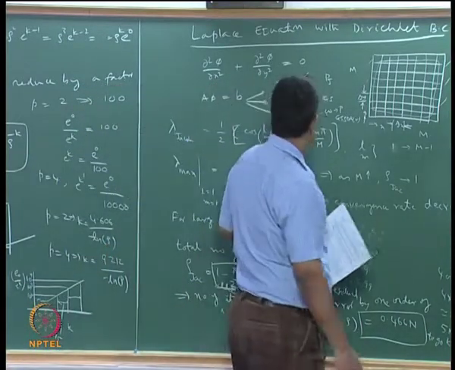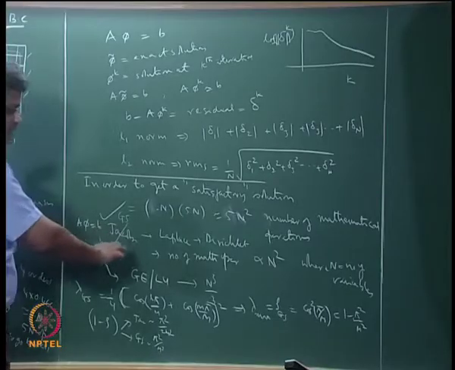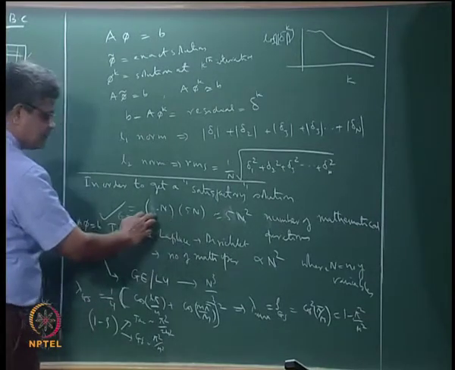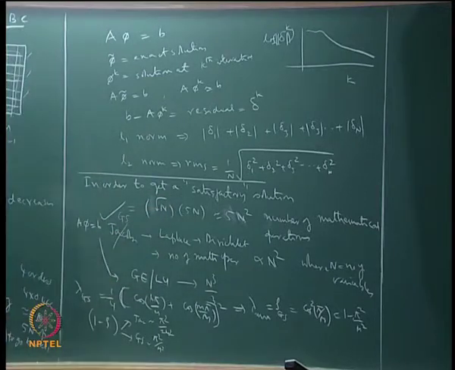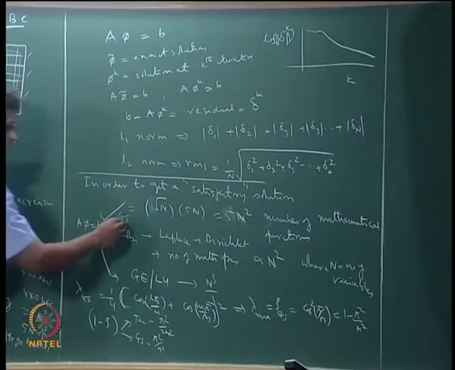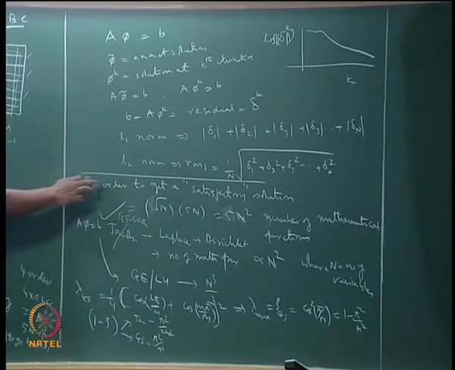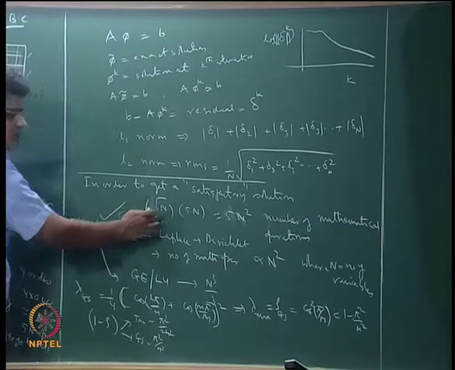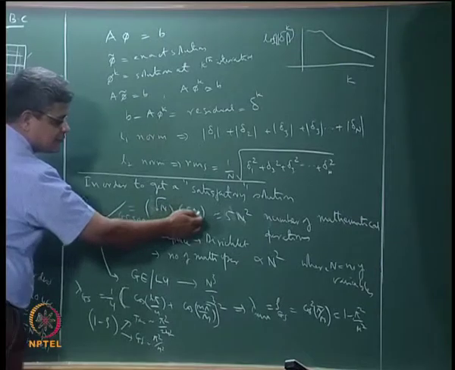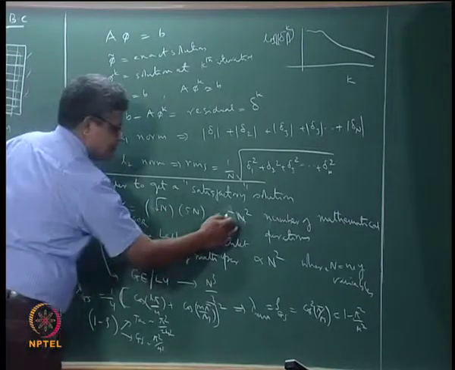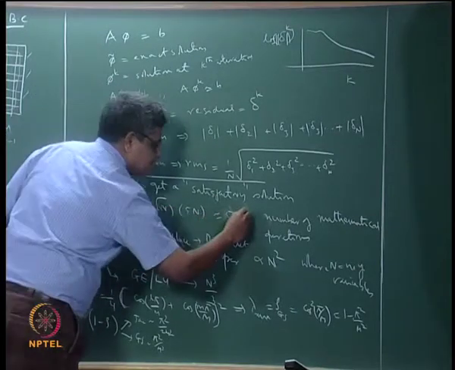So under those conditions we can show that for the Gauss-Seidel SR method, the number of iterations required to reduce the error is not n, but it is square root of n. In order to get a satisfactory solution we need only square root of n iterations, each iteration again costing about 5n. So the total number of mathematical operations required is n to the power 1.5.